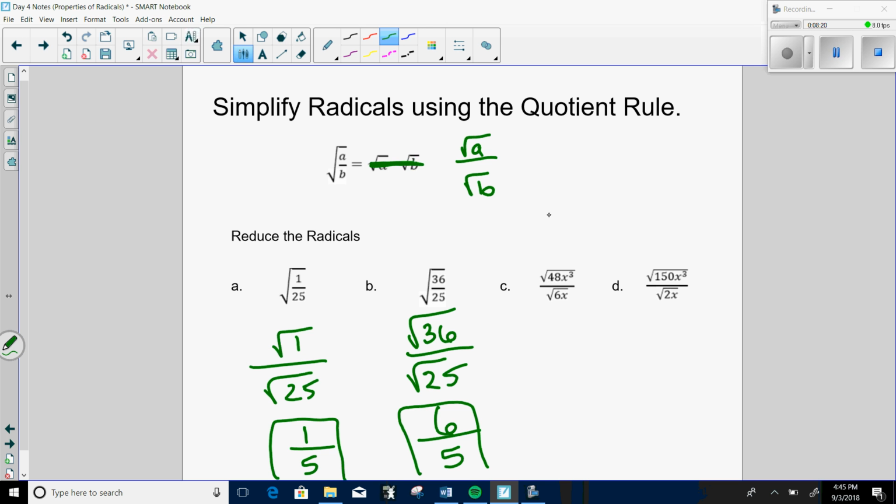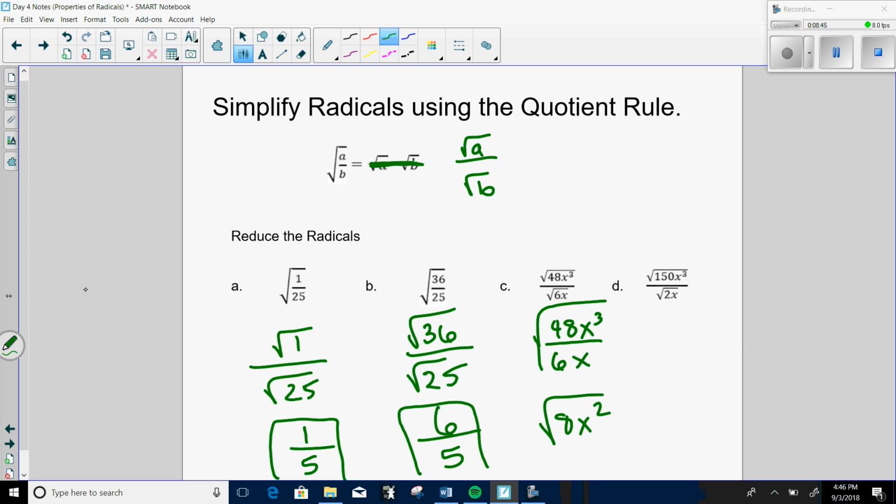This one here, the square root of 48x to the third over the square root of 6x. Well, on this one, I can rewrite it, go from 2 radicals down to 1 radical. Sometimes it'll be easier to reduce this first. Sometimes it's easier to write it as 1. In this case, I would go ahead and write it as 1 radical, because what happens is you get 48x to the third over 6x. 48 divided by 6 is 8. X cubed divided by x just becomes x squared.